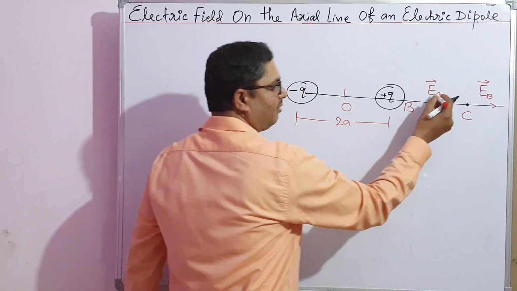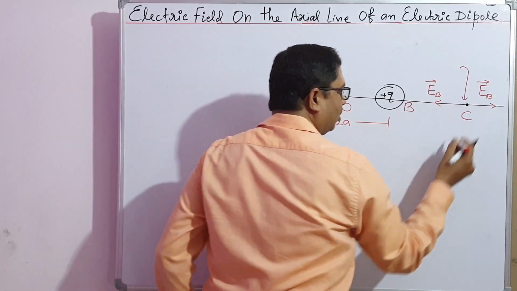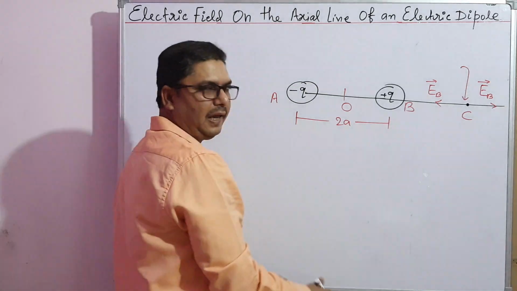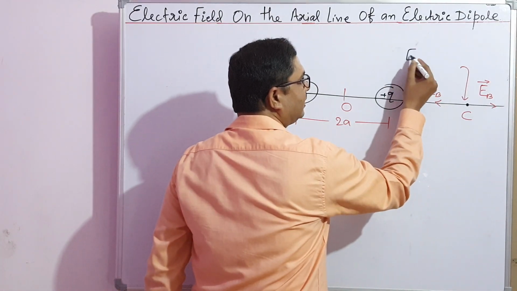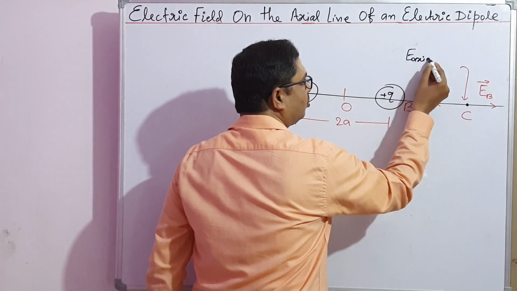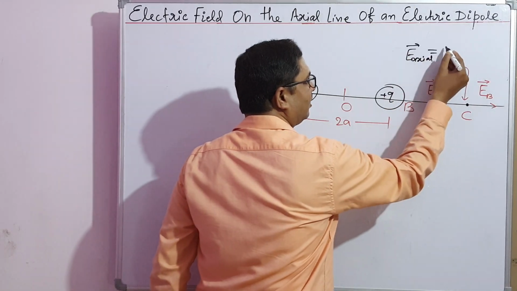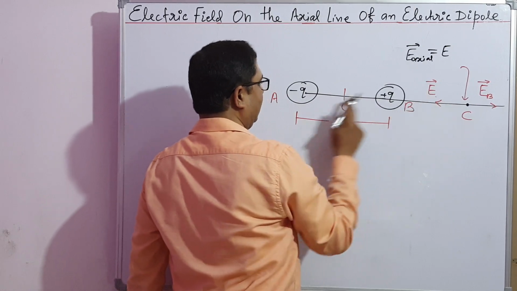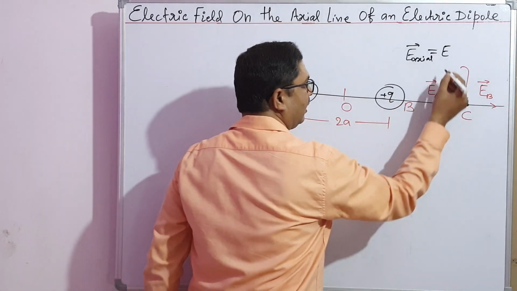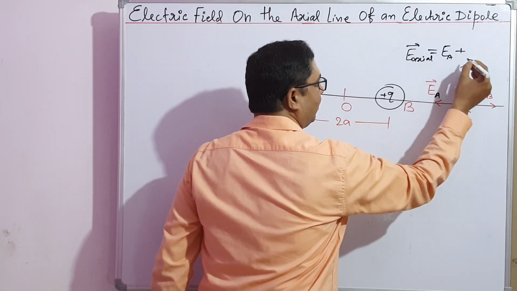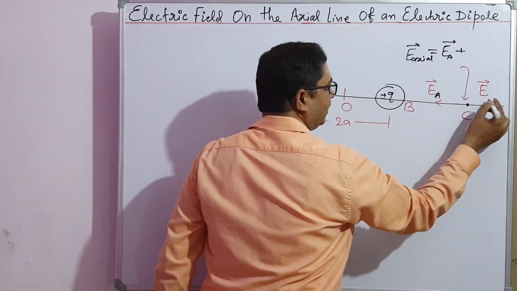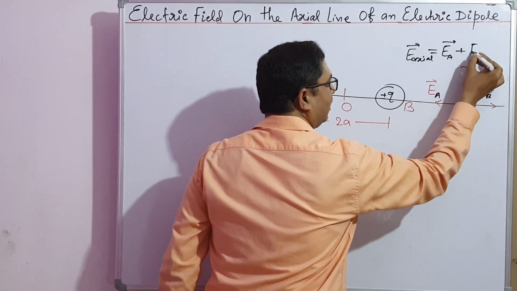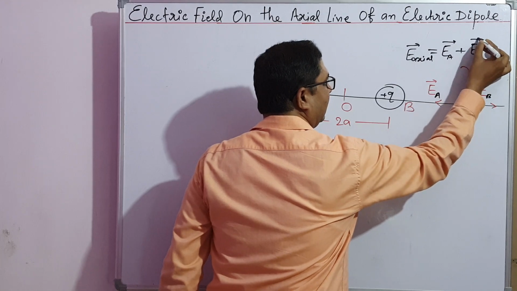Now these two electric fields give the resultant electric field known as E axial. So E axial is the vector sum of E A plus E B. This is the resultant electric field.